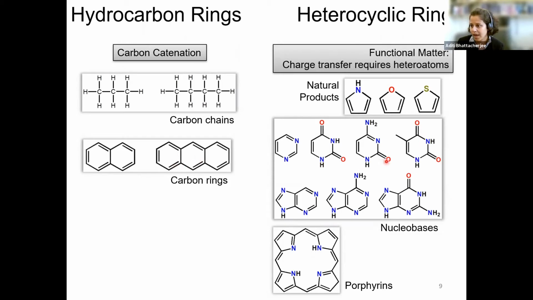But on the right here is how nature incorporates heteroatoms such as nitrogen or oxygen or sulfur to trigger charge transfer in functional matter. So what you see here is a group of macrocyclic cages known as porphyrins, nucleic bases, or natural products, which heavily incorporate heteroatoms in the ring, and these would be heterocyclic rings.